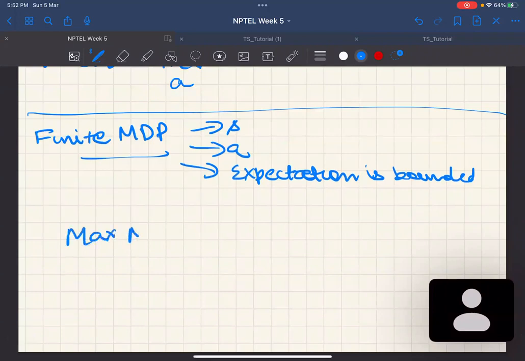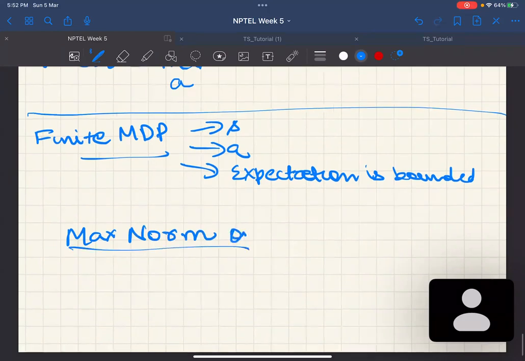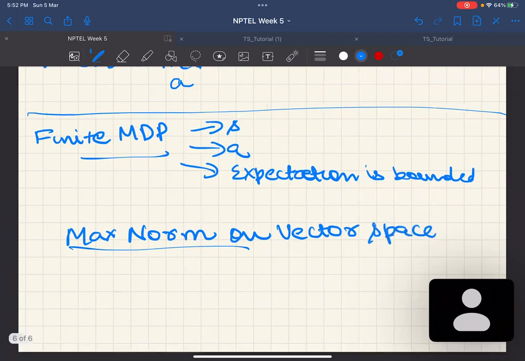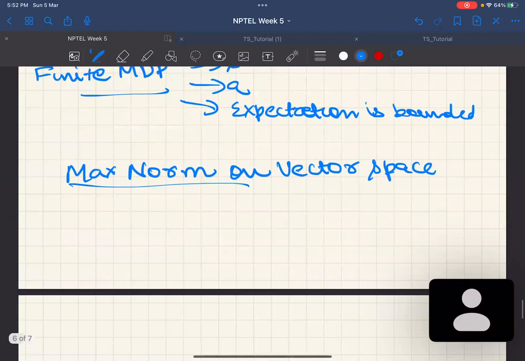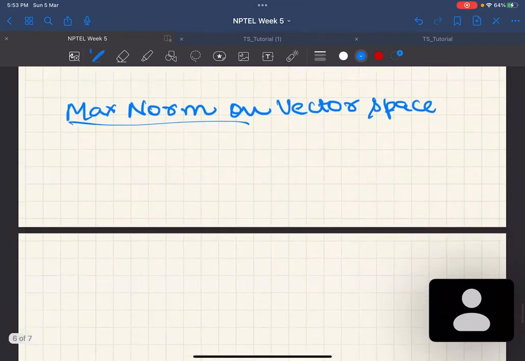Do you know about norm? What is a norm? I know about L2 norm, L1 norm, like Euclidean norm. So norm is basically the size of the vector space, or we can say the distance or the size. Now I'm talking about the max norm here.